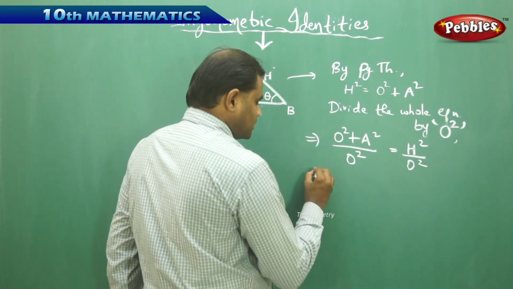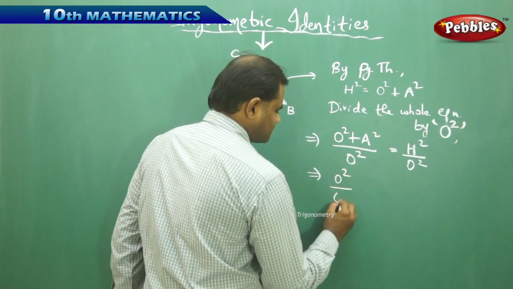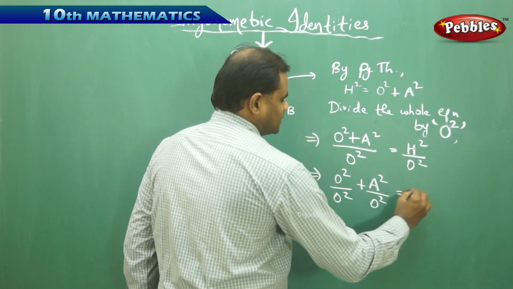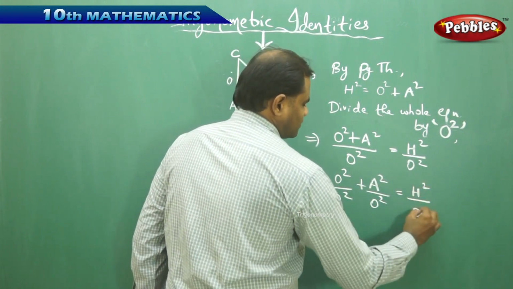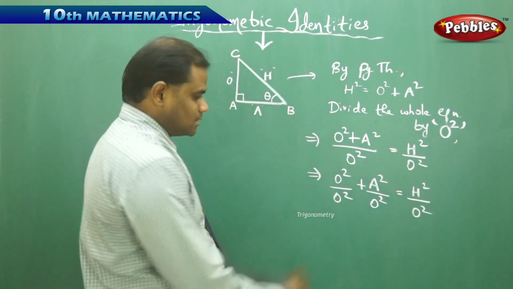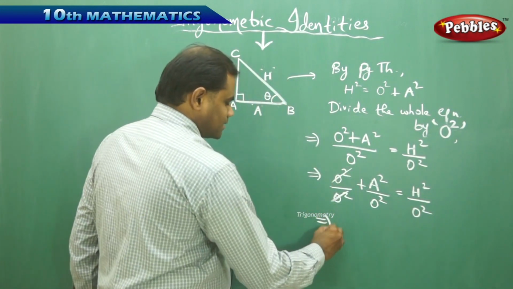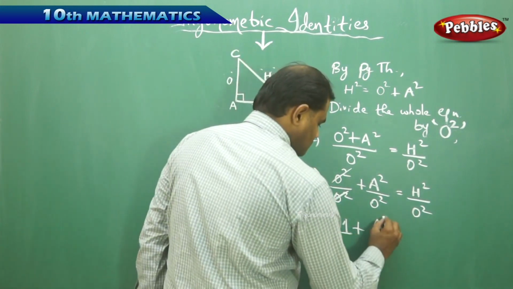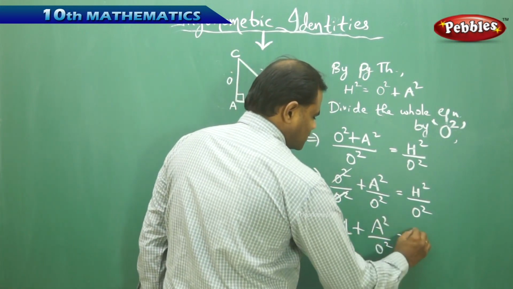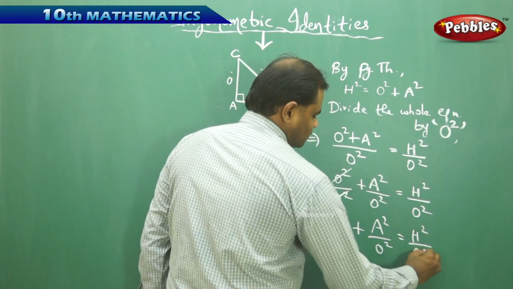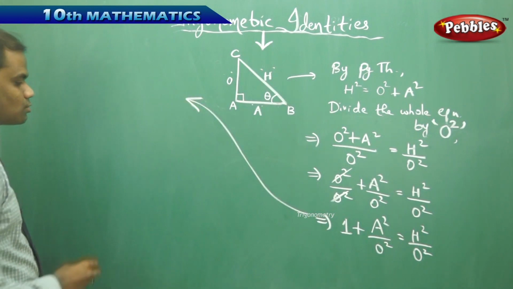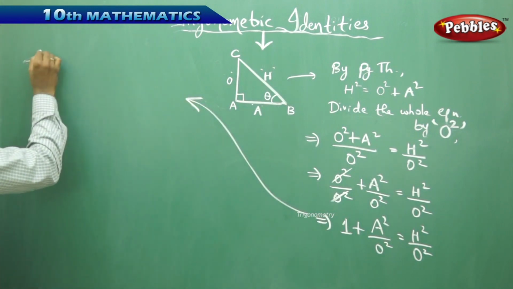Proceeding similarly by splitting each of the terms, I get h square by o square. Thus, these two being equal get cancelled and I get 1 plus a square by o square equals h square by o square.